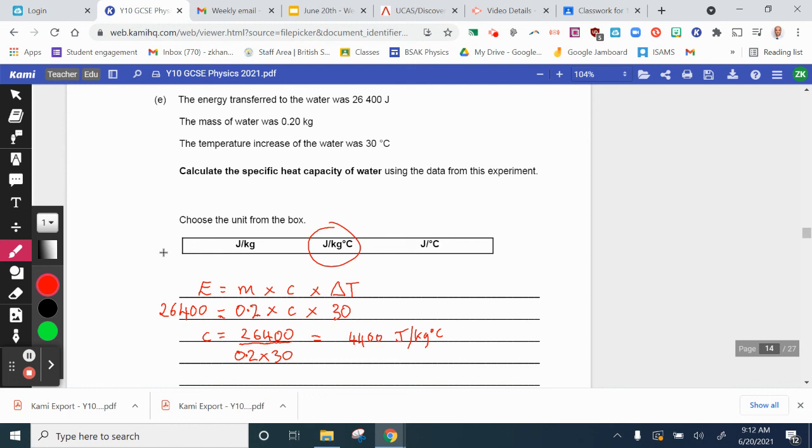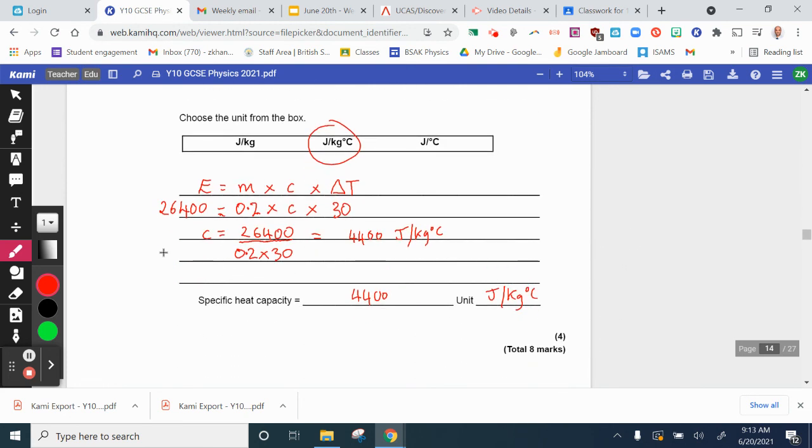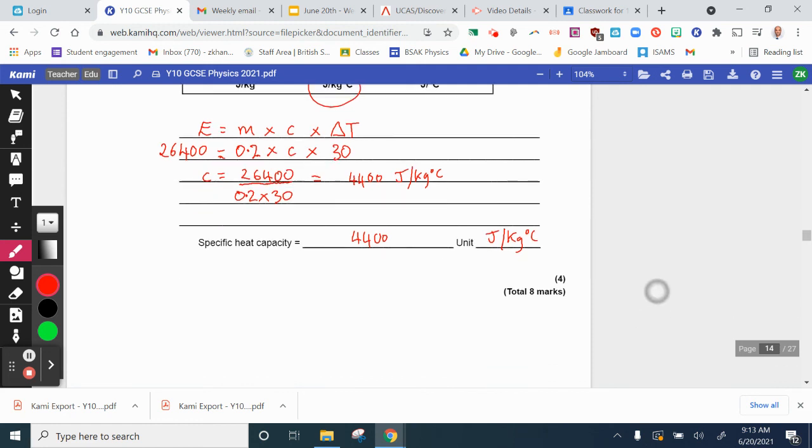Now the unknown is c, which is the specific heat capacity. Rearrange, and we get 26,400 divided by 0.2 times 30. And that gives us 4,400 as our answer. And that's 4,400 joules per kilogram per degree for the 4 marks.